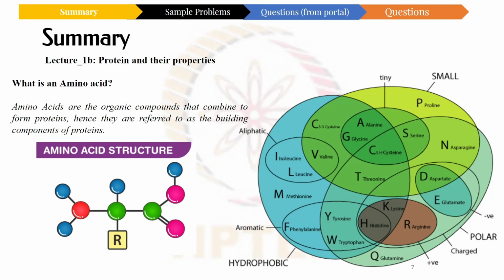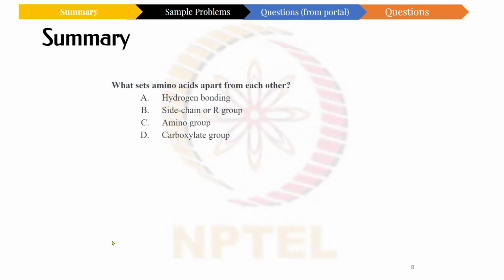But the major concept to take from this is that the amine group, the hydrogen atom on C alpha, and the carboxylic group are common in all amino acid structures. The only thing that varies is the R group. So what sets amino acids apart from each other is their ability to do hydrogen bonding, or their side chain, the R group.